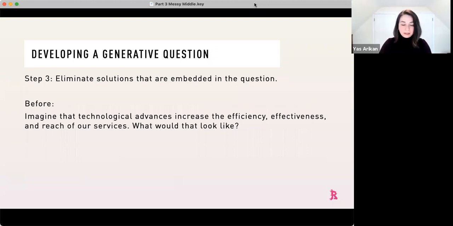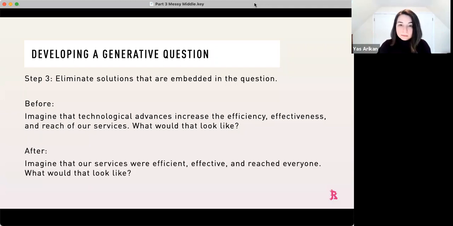There's a solution in here already assumed, and that is that we're going to use tech to accomplish this. Fair enough, nothing wrong with that. But with the generative question, what we want to do is take it out. What is the outcome you're trying to achieve? Focus more on that.